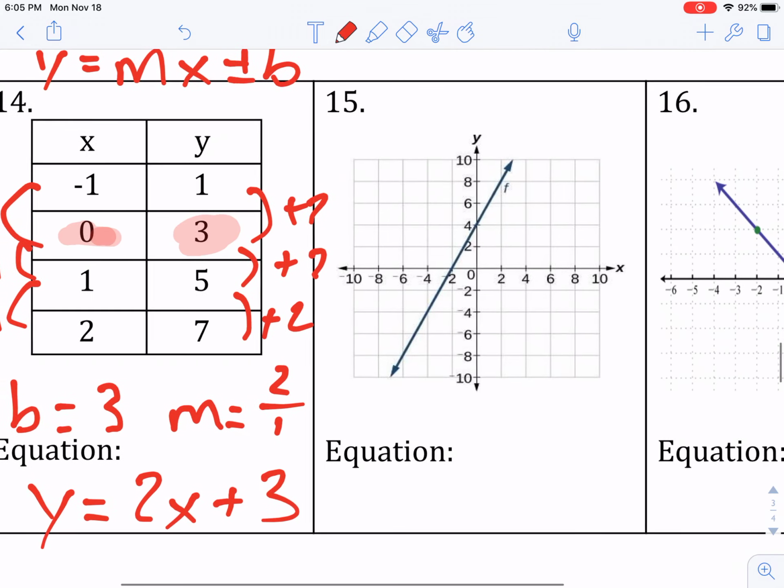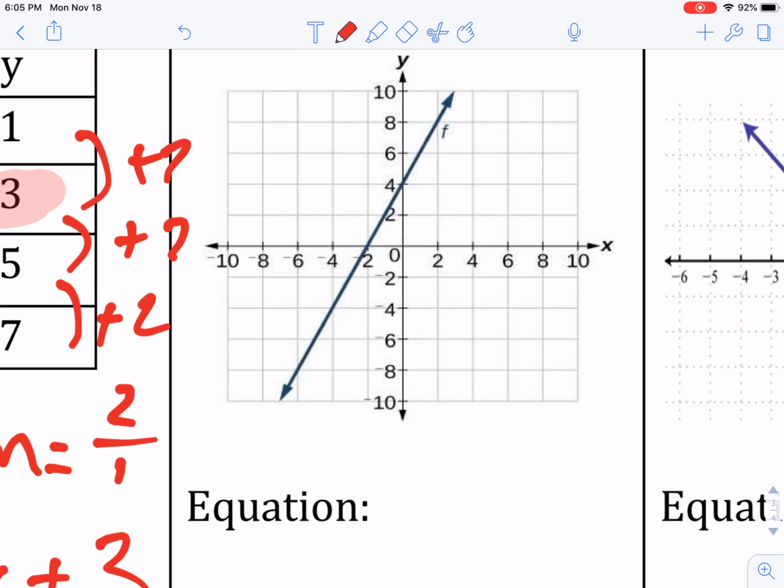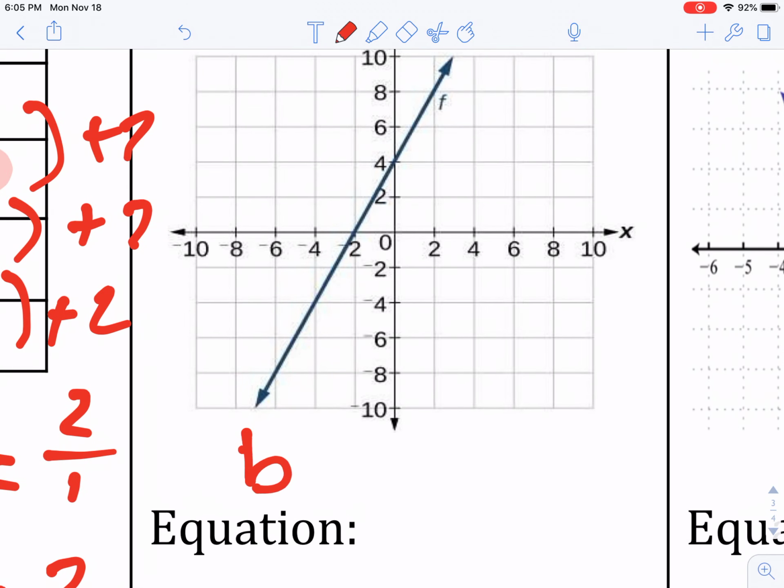When you're looking at a graph, you still need to know what the y-intercept is and what slope is. And so the y-intercept is where it crosses the y-axis. So when we look at this, we can see that this crosses right at 4. So we want to put 4 as our y-intercept.